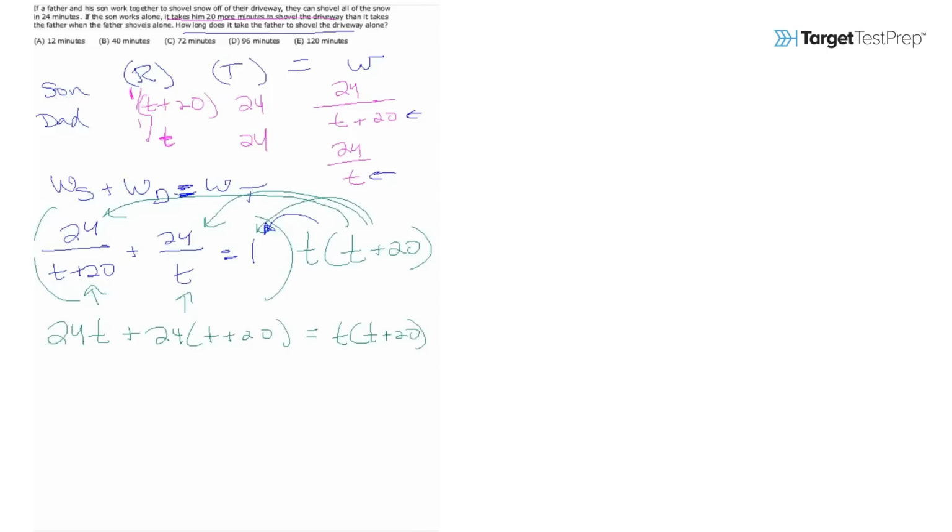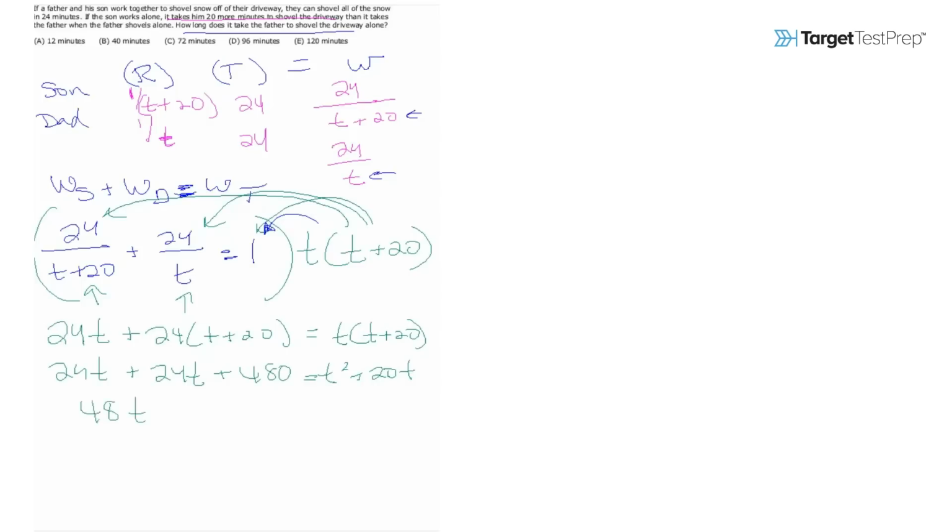Okay? Distribute that 24 through, so it's 24t plus 24t plus, what's that, 480 is equal to, now put that t through, so that's t squared plus 20t. We'll combine a bunch of like terms here. Actually, let's do one step prior so we see exactly what's going on.